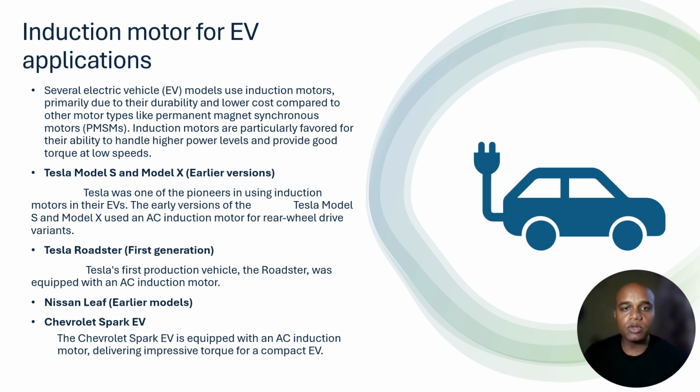Nissan Leaf's earlier motor was also an induction motor. The Chevrolet Spark EV was also equipped with the induction motor. And in the current scenario in the Indian market, the Mahindra e2o and other Mahindra EVs are also deployed with the induction motor. So it was the first choice after the DC motor for EV applications.